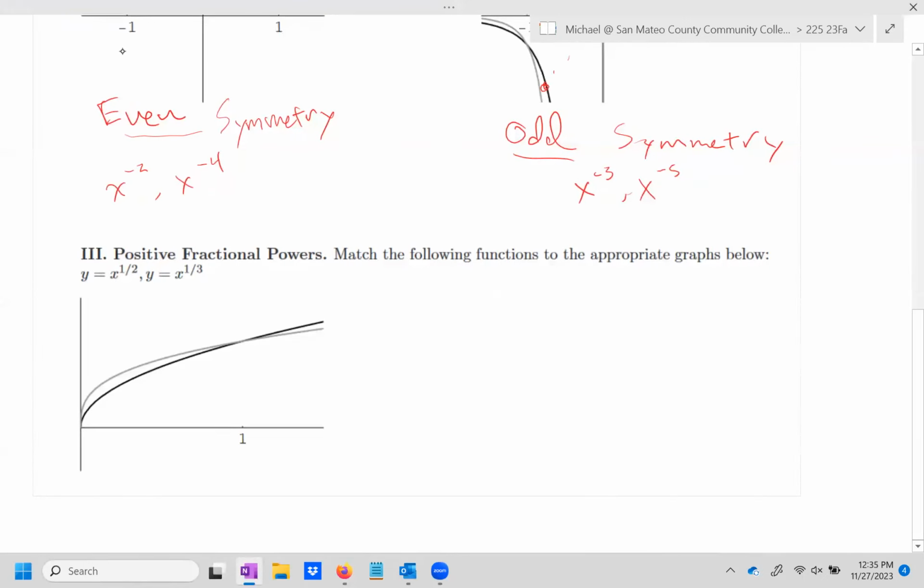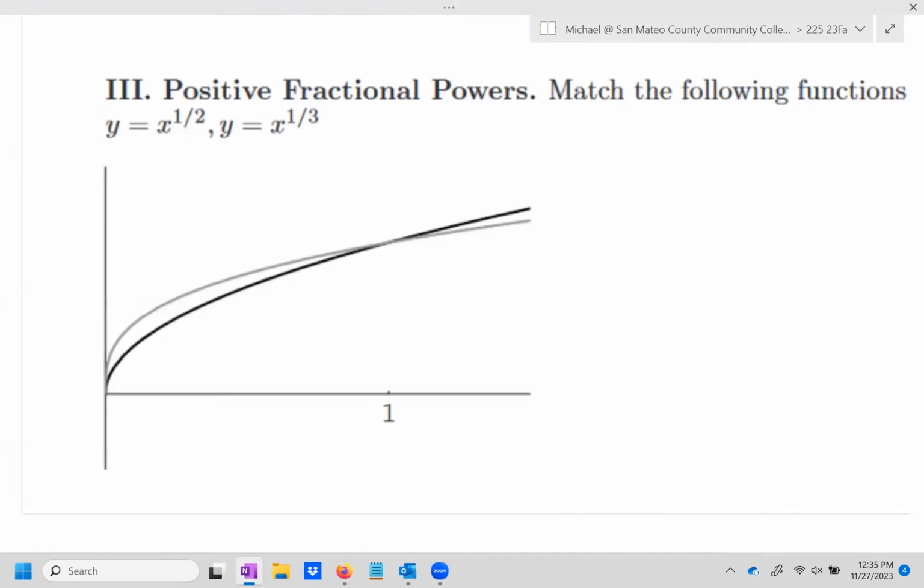Ready? What about this one? Fractional powers. Which one is a square root? Which one is a cube root? What do you think? Yes. I agree with you.